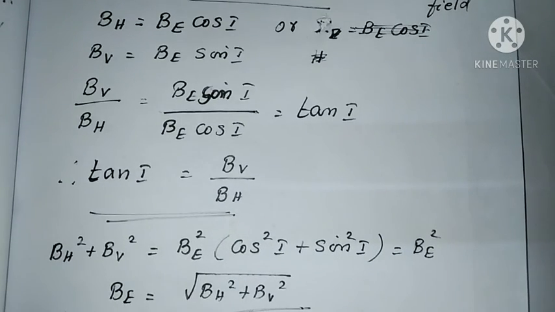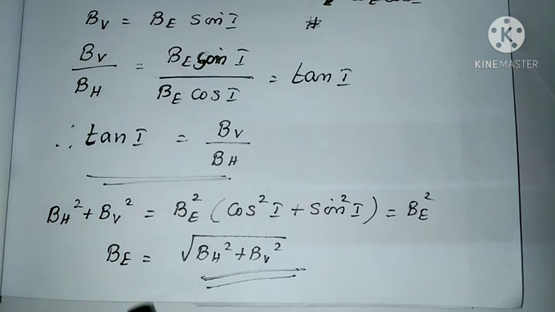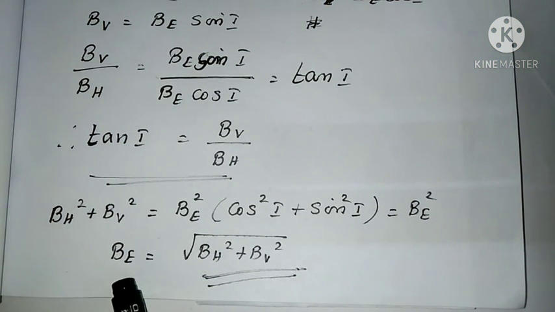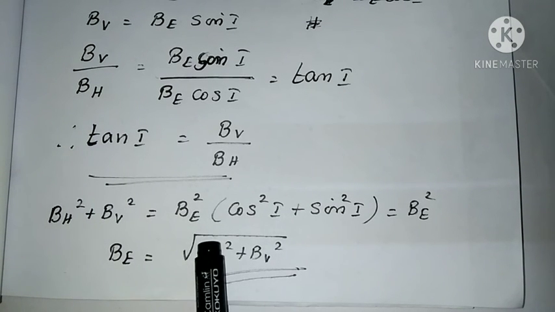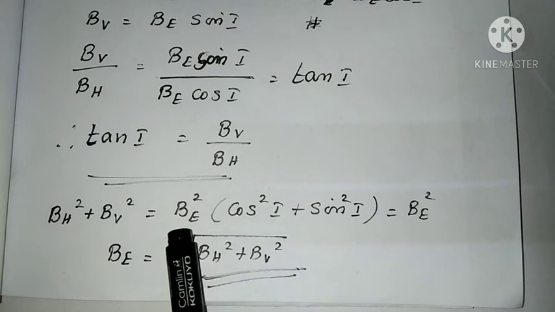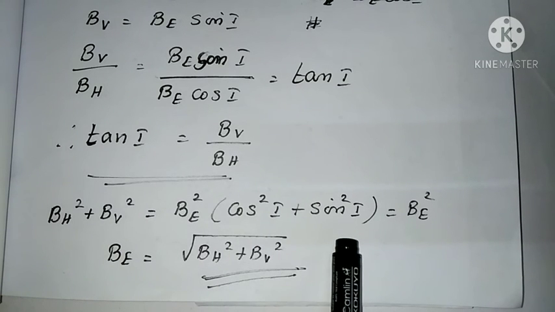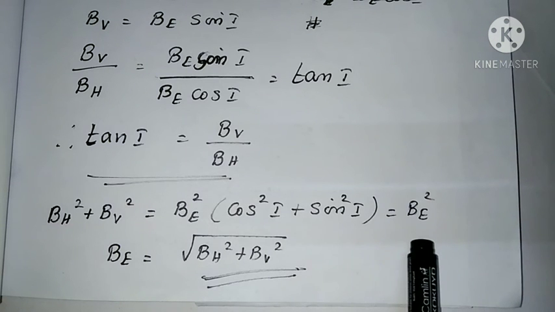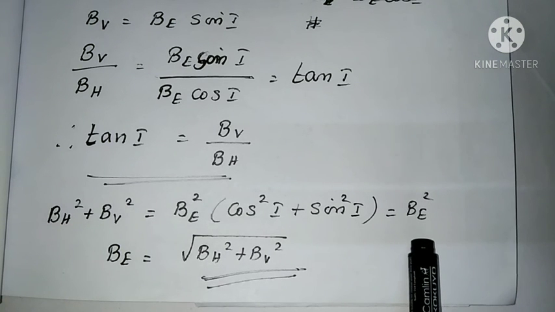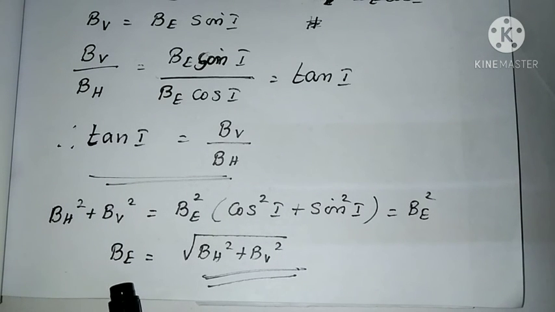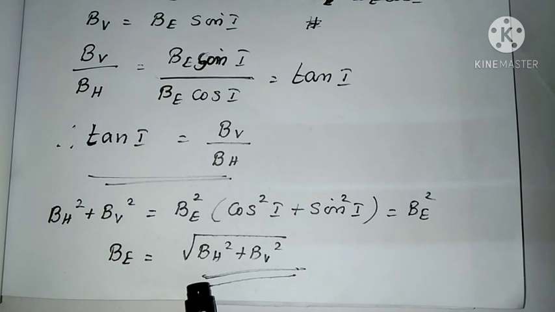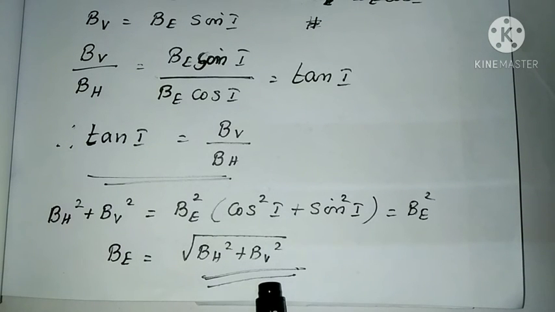Similarly, if you square the first two equations BH and BV, we can find the Earth's total magnetic field. That is BH square plus BV square equals BE square cos square I plus BE square sin square I. Cos square I plus sin square I equals 1. So, we get BE square, the Earth's total magnetic field. Therefore, BE equals root of BH square plus BV square.